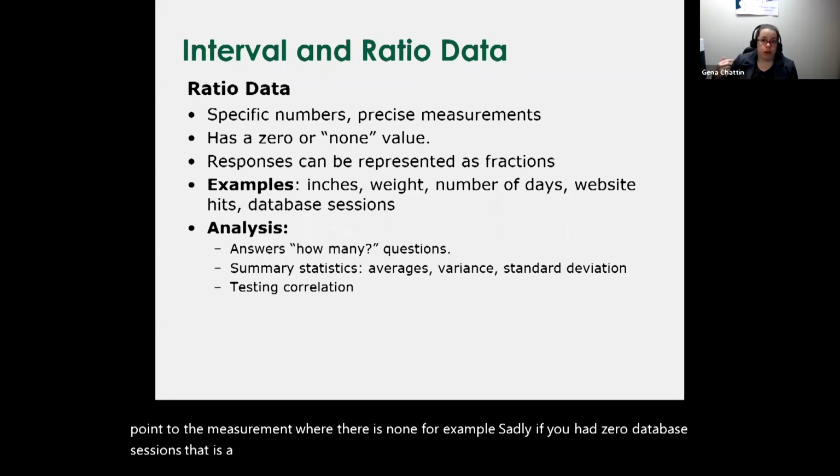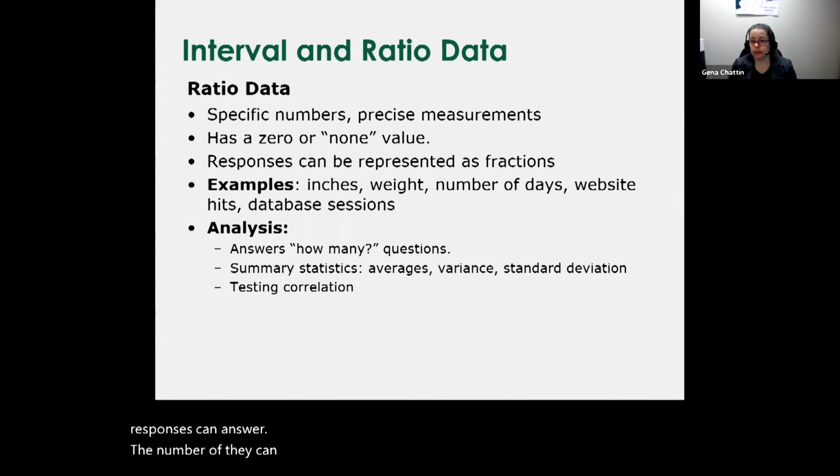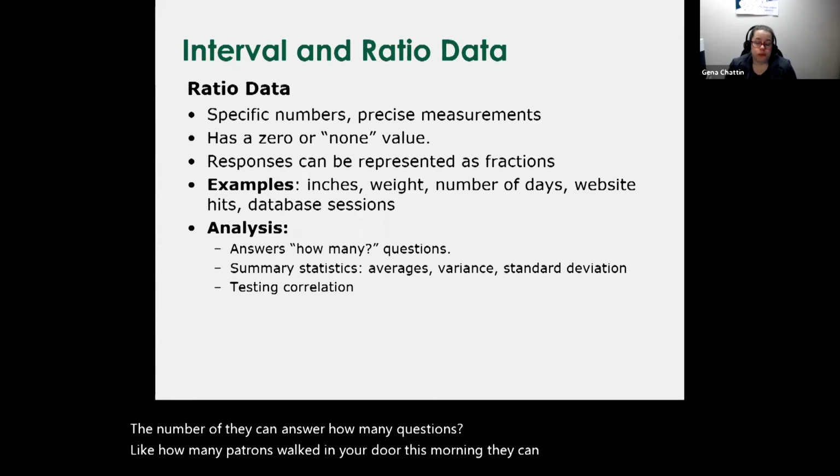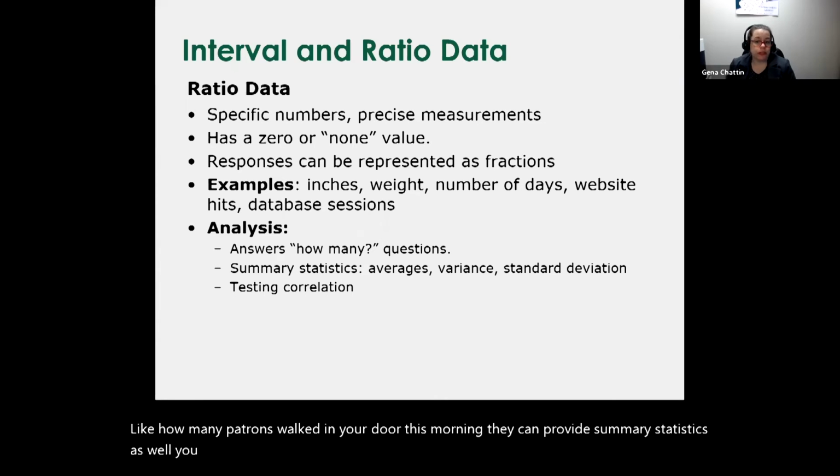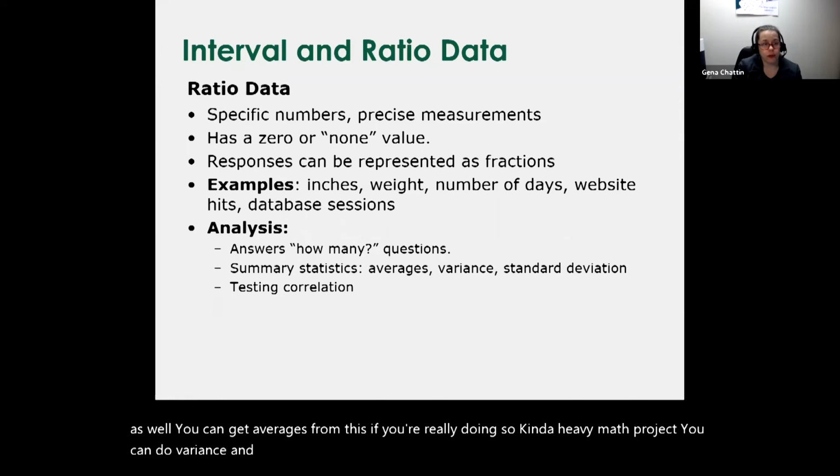These responses can be represented as fractions. They can answer how many questions, like how many patrons walked in your door this morning. They can provide summary statistics as well. You can get averages from this. If you're really doing some kind of heavy math project, you can do variance and standard deviation, and they can test correlation.